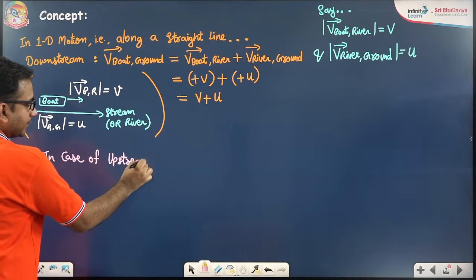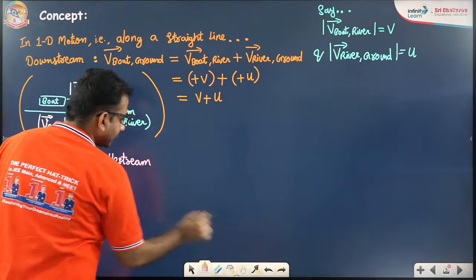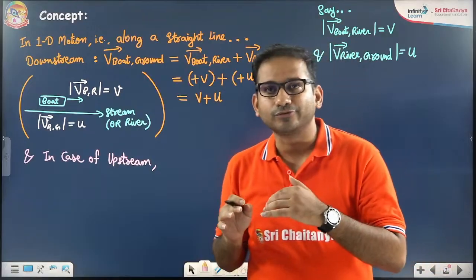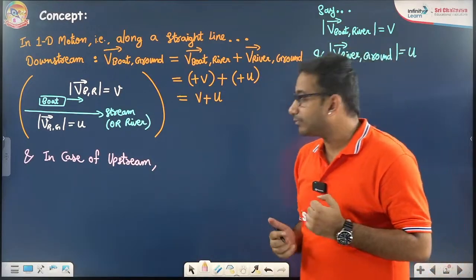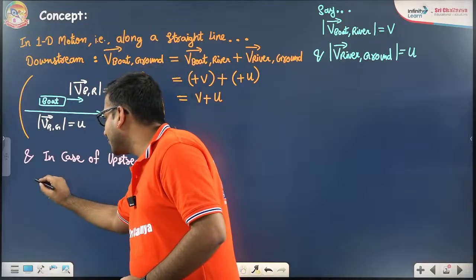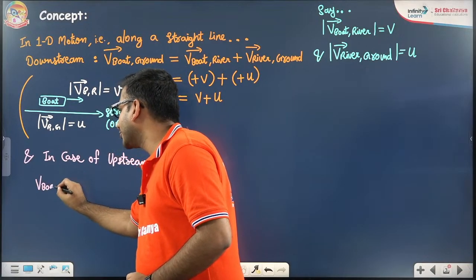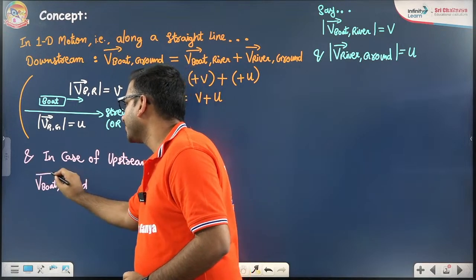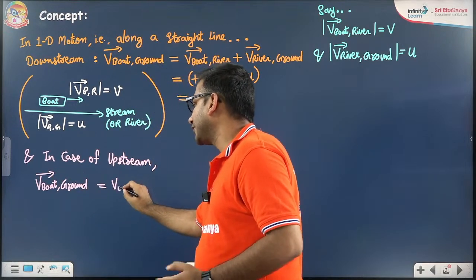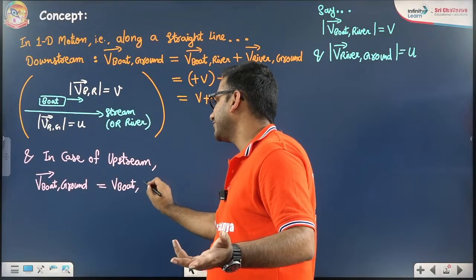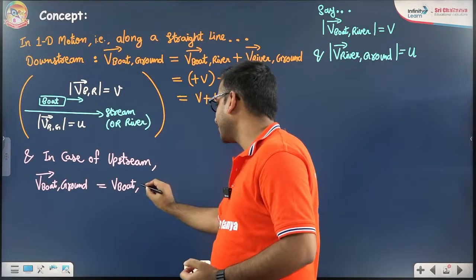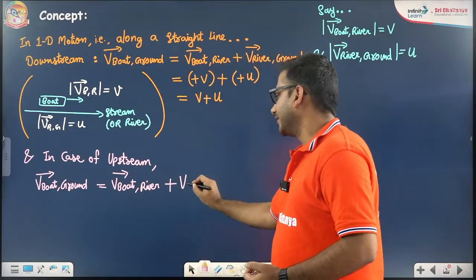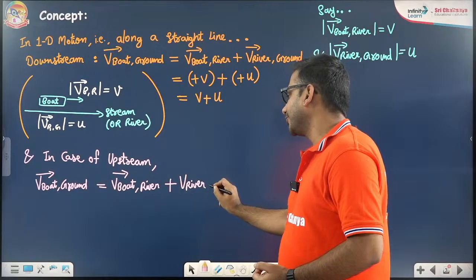Now in case of upstream, the river flow and the boat's direction of motion are in opposite directions. So in case of upstream, if you are writing velocity of boat with respect to ground, that will be equal to, vectorially the formula will still be the same, velocity of boat with respect to river plus velocity of river with respect to ground. The boat is moving inside the river, and the river is moving over the ground.